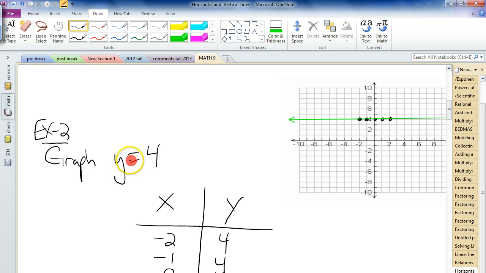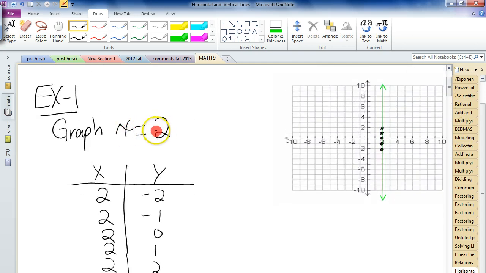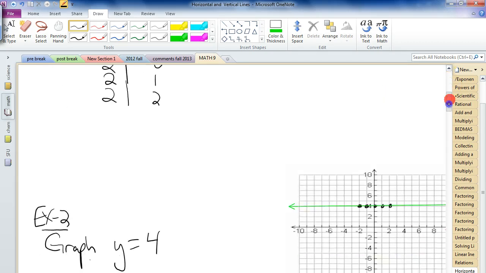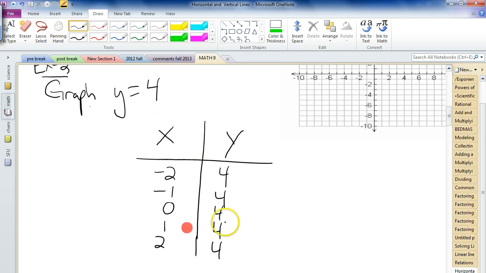So whenever you have y equals some number, it's a horizontal line. Whenever you have x equals some number, it's a vertical line at that point. At x equals 2, the vertical line. When y equals a number, it's a horizontal line at that number. At y equals 4, a horizontal line across.